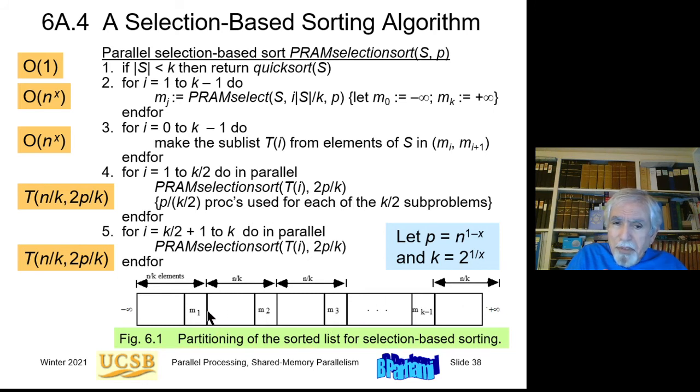If we are unlucky, the sizes of these sublists will be quite different. Each processor will sort one sublist using sequential sorting, but one processor may have a shorter list and another a longer list. But on average, this will not happen; it's very unlikely.